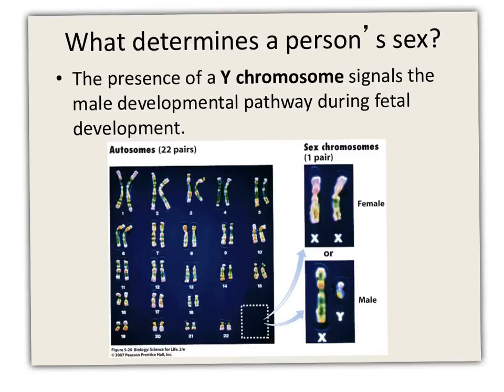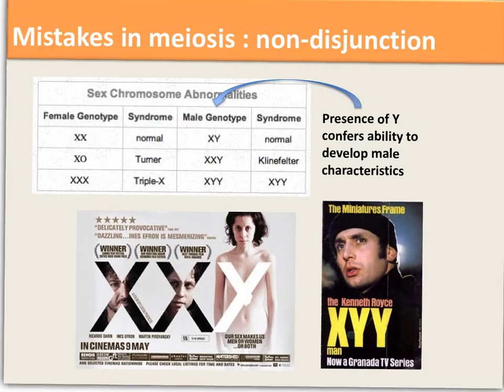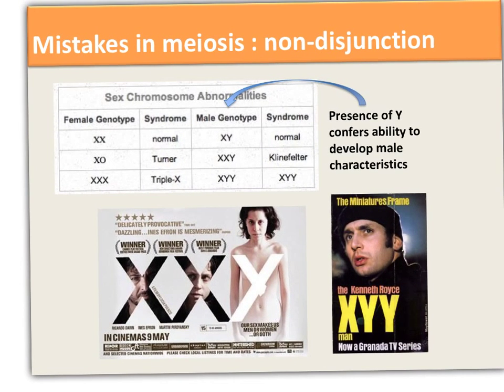So, as I mentioned, an X and an X, female. XY, male. More mistakes in meiosis. So, presence of a Y confers the ability to develop male characteristics. So, we've got a female genotype, XX is normal.